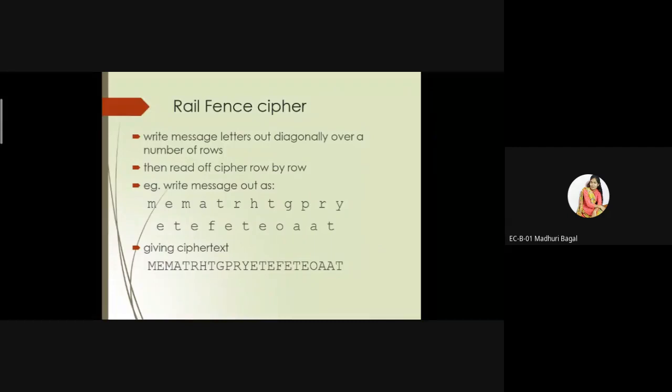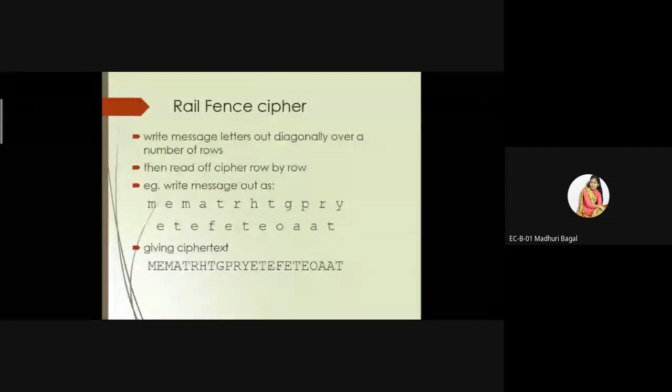The key is 2, so that's why we divide this plain text into two parts. And how to represent these two parts? We have to write this message in a diagonal order from the left side to the right side. Can anyone tell how we can represent this message in a diagonal format?